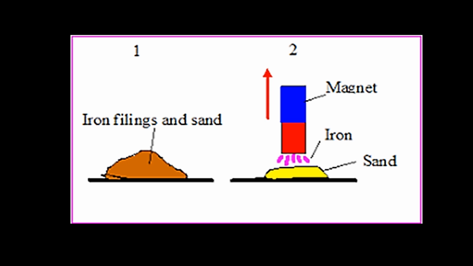So we see that since iron has magnetic properties, it is easily attracted towards the magnet and clings to it, and in this way iron is easily separated from the mixture of sand and iron filings.